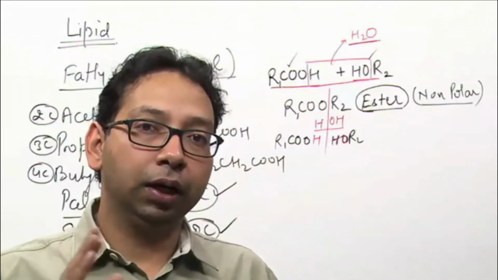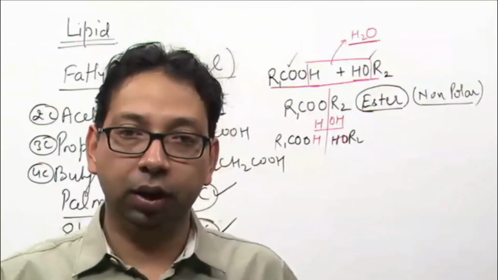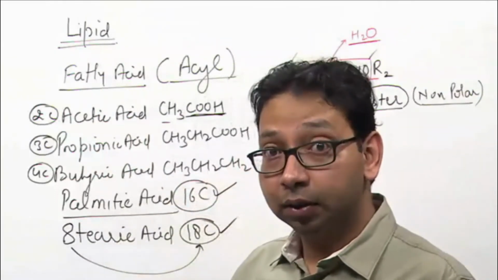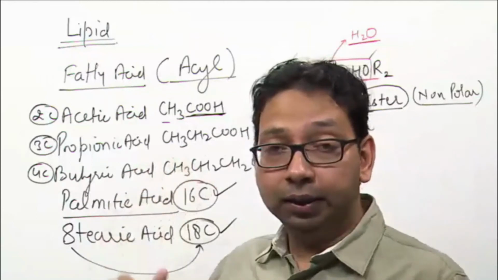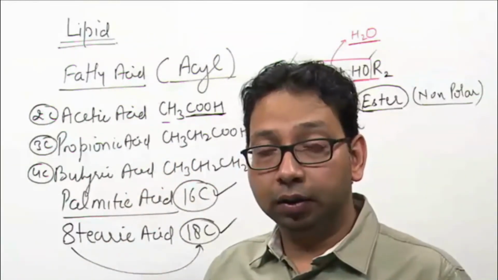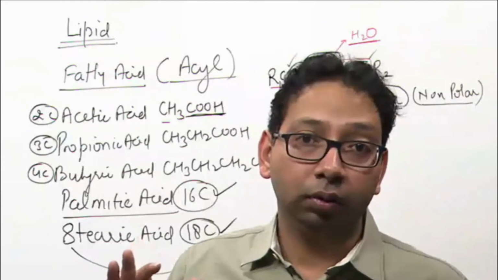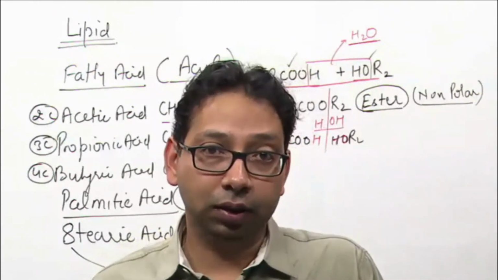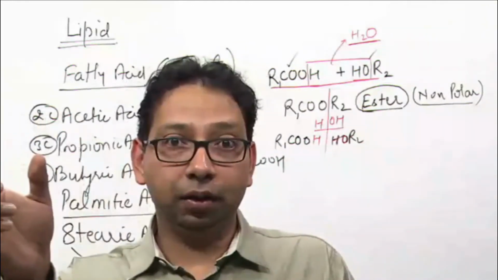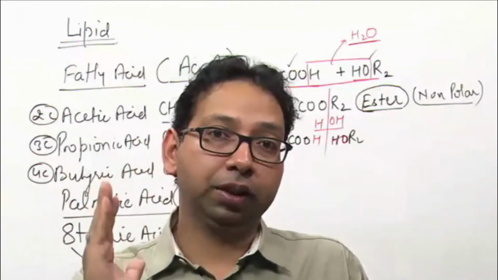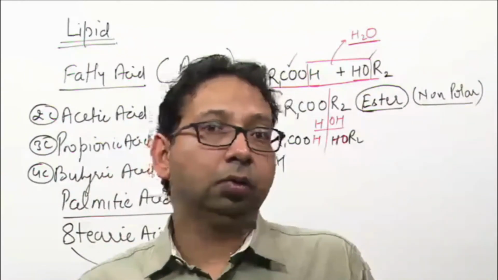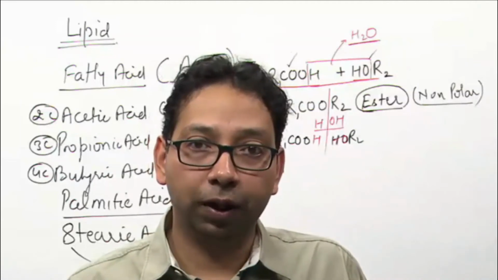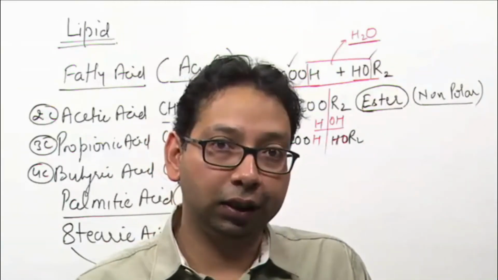If you cut a bond with addition of water, that is called hydrolysis, and the enzyme is called hydrolase. I told you in protein, all proteolytic enzymes are hydrolase. Acid and amine form an amide bond, which is cut with addition of water. So all proteolytic enzymes and all digestive enzymes are hydrolase.